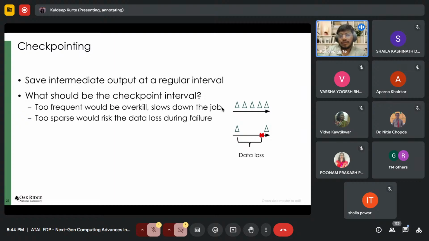So what is the trade-off? I said that if you take the checkpoint very frequently, it slows down the process. Why will it slow down the process? If you remember the Titan supercomputer setup, that entire facility is divided into three parts: compute node, login node, and the storage node.